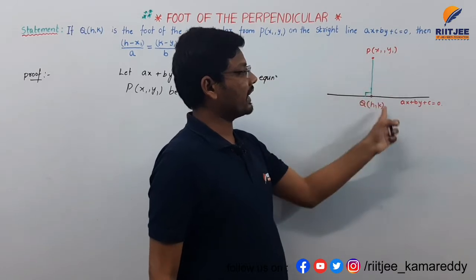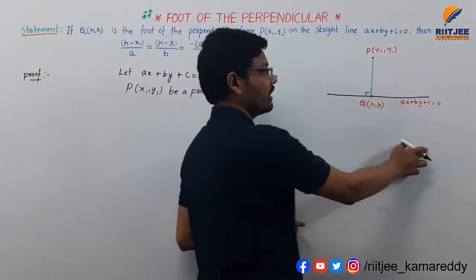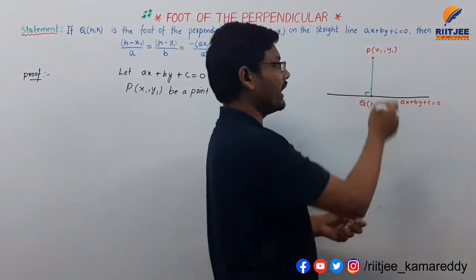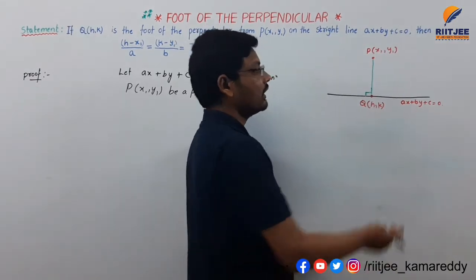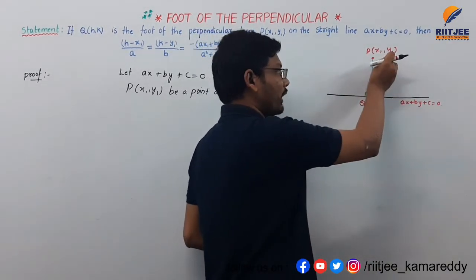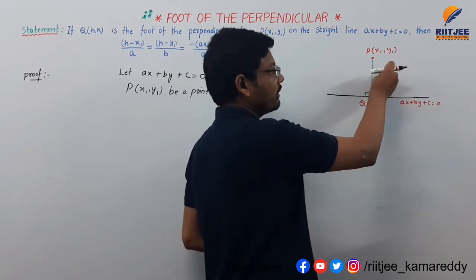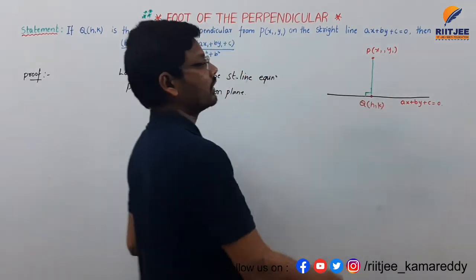Here we want this line equation. We have the horizontal line equation, but we don't have this vertical line equation. To find this vertical line equation, we have a concept that if we have a point and the slope of this line, we'll get the equation of this straight line, the vertical line.